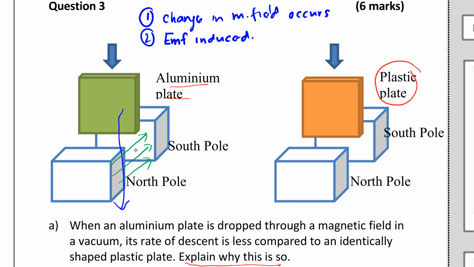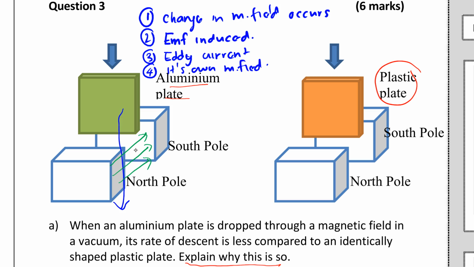Point number three, this forms an eddy current in the plate. And remember, the eddy current has its own magnetic field. Point number four, the eddy current will have its own magnetic field, and this magnetic field will act in such a direction as to oppose the change that is causing it.